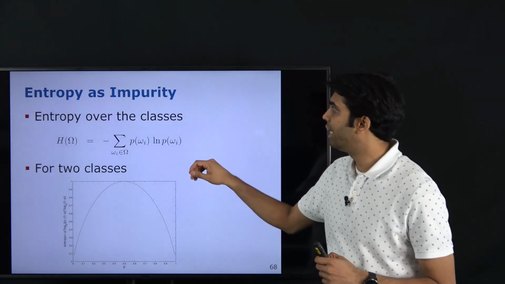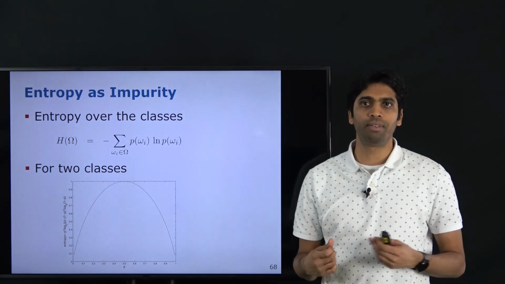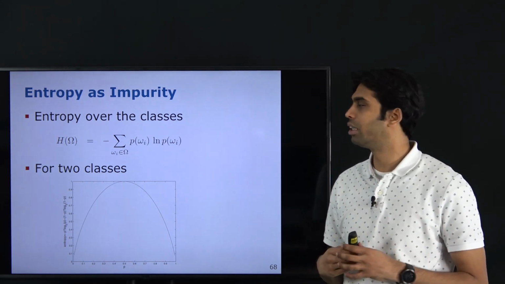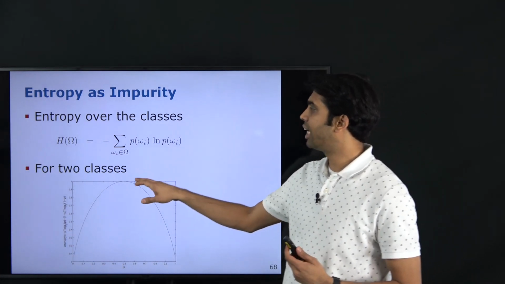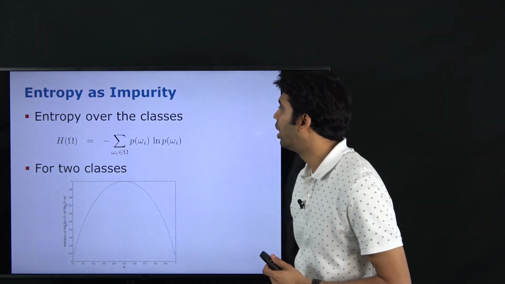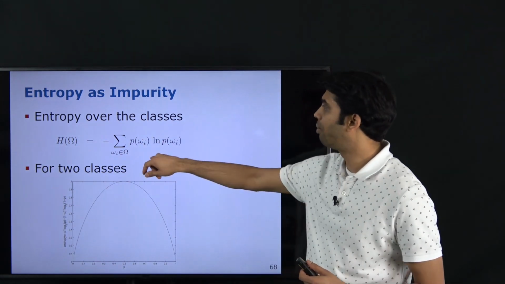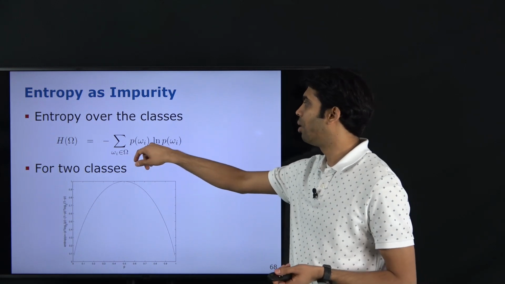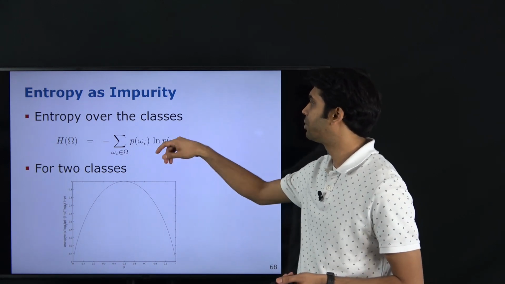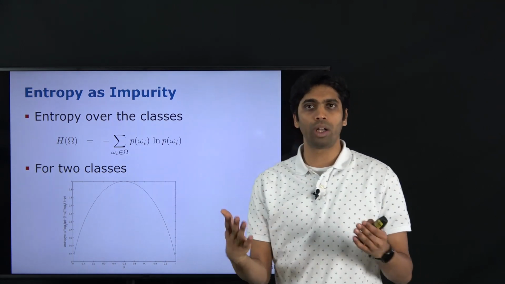So we'll look at mainly the entropy as an impurity measure. This entropy is something you would be familiar with from information theory. Essentially, the entropy here, capital H, is defined over the different classes omega i as the probability of that example being omega i, so P of omega i times log of P of omega i, and then you sum it up over all your examples.